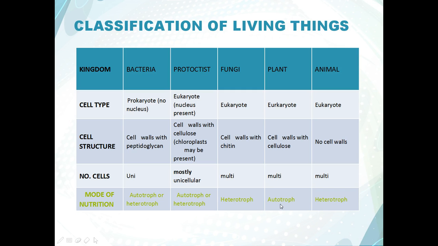Plants are obviously autotrophs because they have the ability to photosynthesize, and you don't see plants eating other organisms for nutrition purposes. And finally, animals are heterotrophs. We as animals get nutrition by eating other organisms, and that's why it makes us a heterotroph.